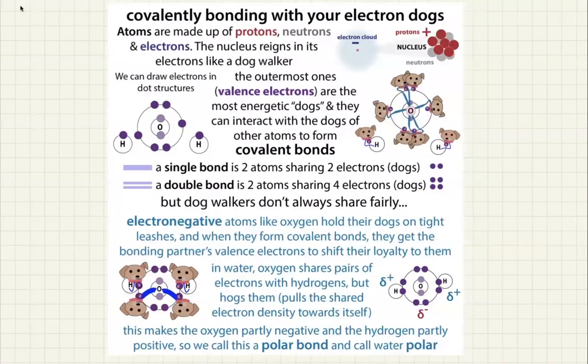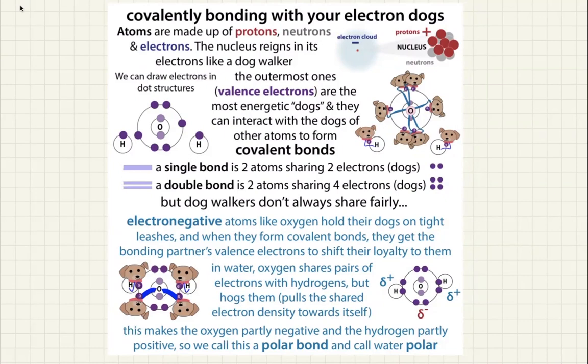To help think about polarity and electronegativity, I'm going to introduce a weird analogy that I'm going to use throughout my class. I like to think about electrons as dogs, and you have a dog walker trying to rein in all these dogs, and the dog walker is like the protons in that nucleus.